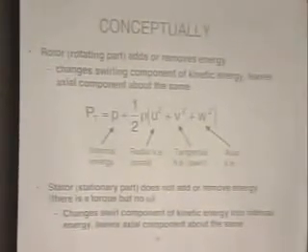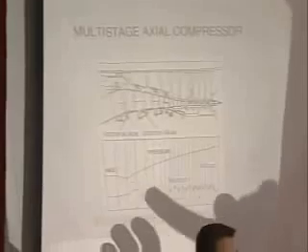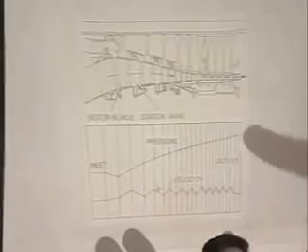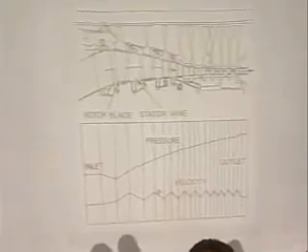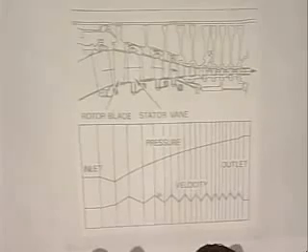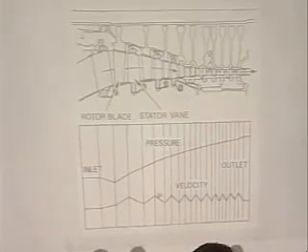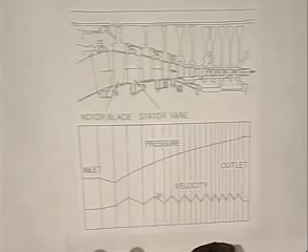So what happens as you go through a device like this is that the velocity sort of goes up and down but stays about constant, and the pressure gradually gets higher and higher and higher until on the newest engines it may be 45 times the inlet pressure. Right, so very significant pressure and temperature increases.